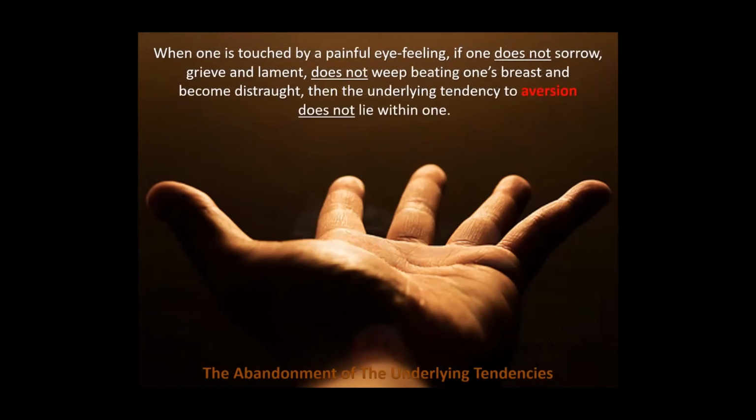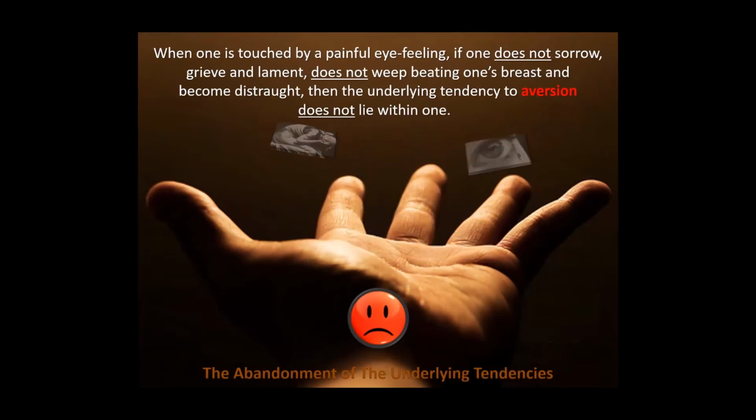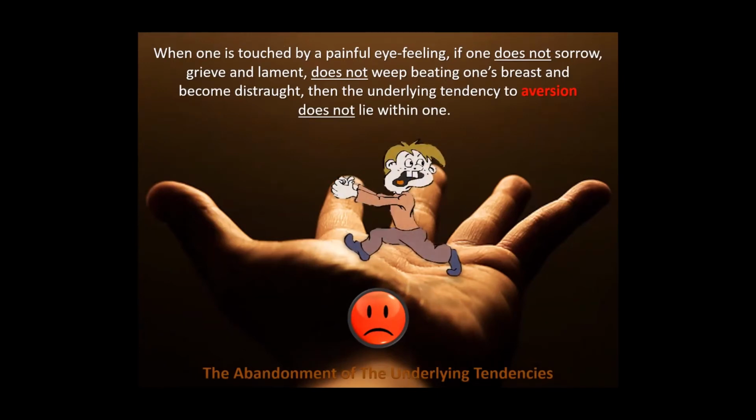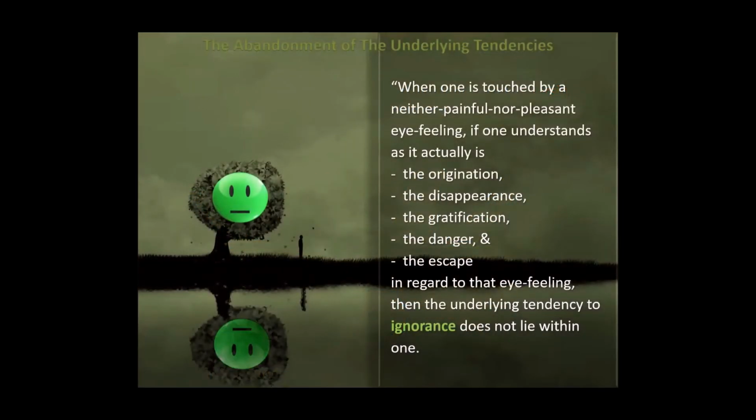When one is touched by a painful eye feeling, if one does not sorrow, grieve, and lament, does not weep, beating one's breast and becoming distraught, then the underlying tendency to aversion does not lie within one. And this one, you read on your own. Now you can understand.